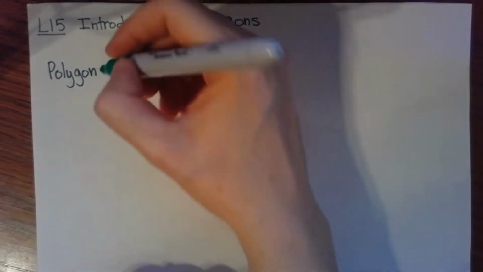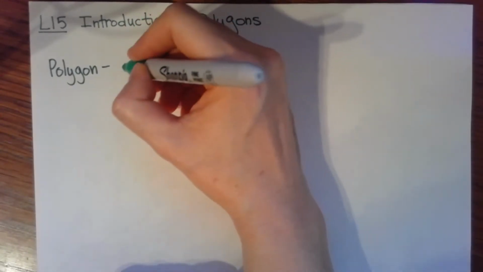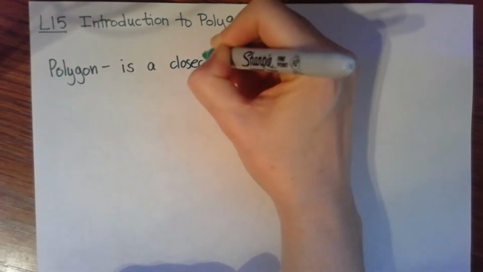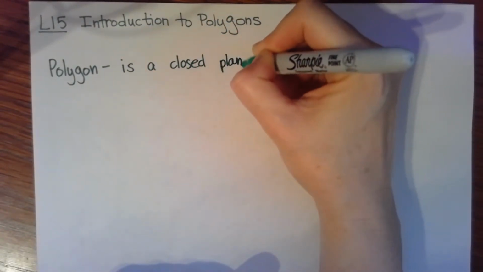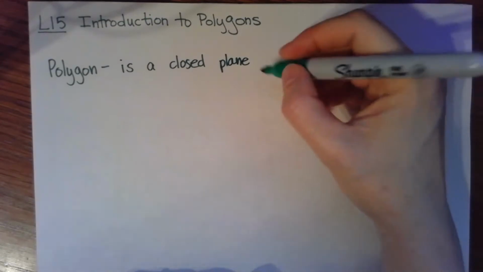So a polygon, yesterday remember we talked about it being a closed figure, and we'll add that it is a closed plane figure, so it all has to lie flat in one plane. It can't be in multiple planes, so it all has to fit into one plane.